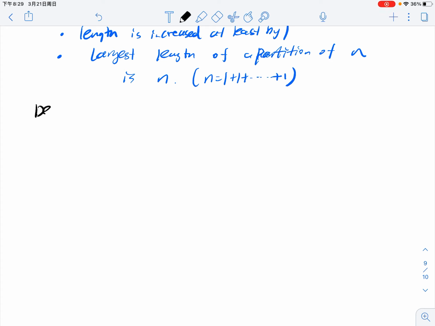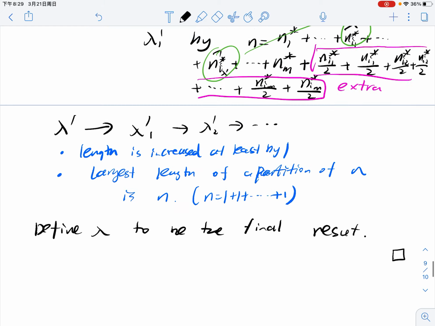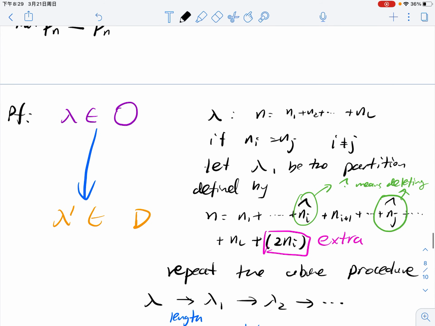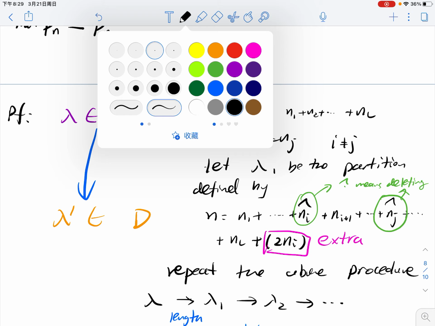And define lambda to be the final result. Okay, and then you can verify this is a bijection. And actually here I should say you do have more.